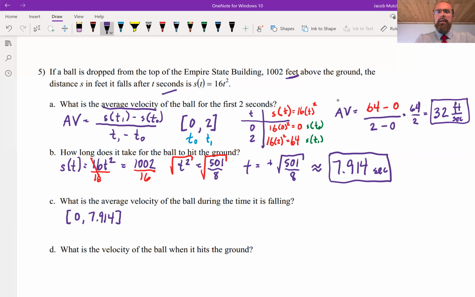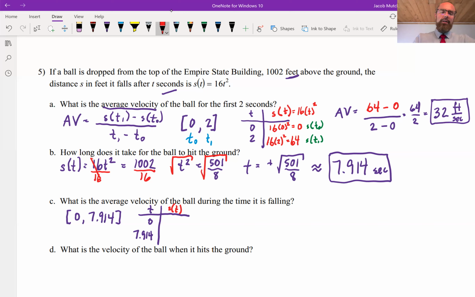And again, what I need to calculate are the outputs. So I'm going to put a table, and my times again are these two extremes in the interval, 0 and 7.914. And what I want to calculate is what's S at t at 0 and 7.914. But it turns out I really don't have a lot to calculate.